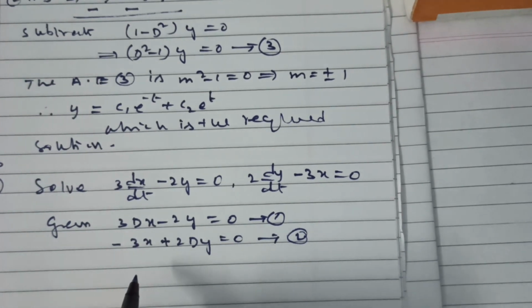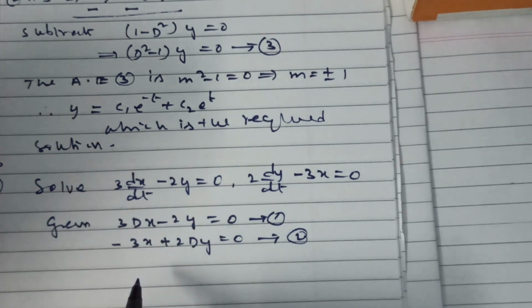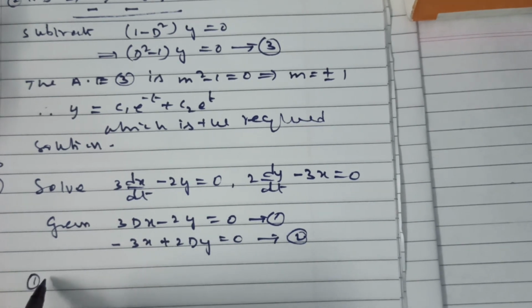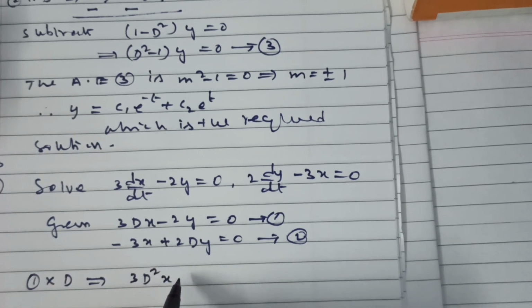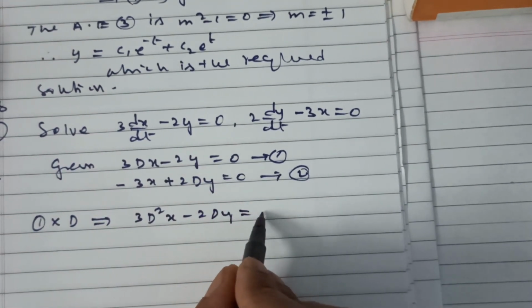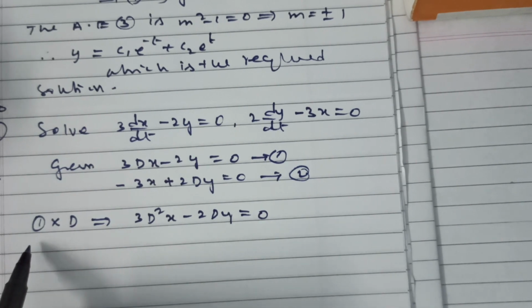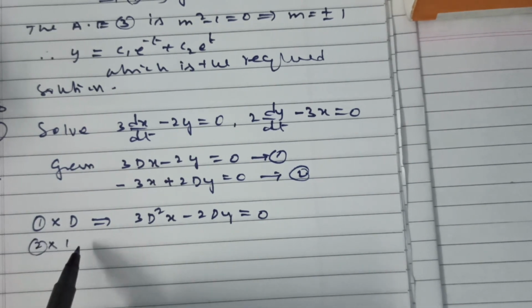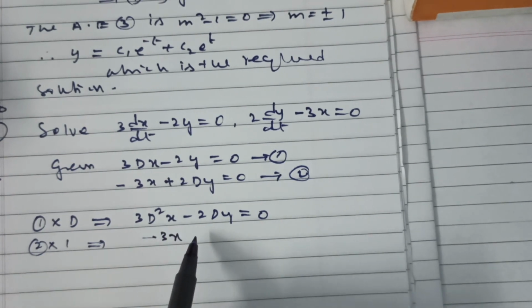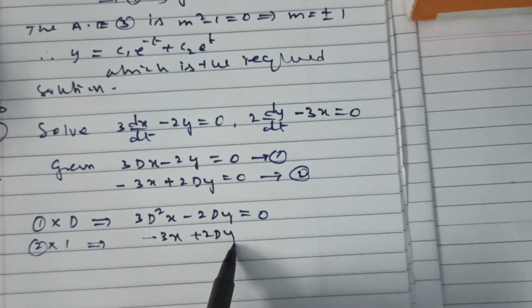To eliminate y first, I can multiply the first equation by D and the second equation by 1. So 1 into D implies 3D square x minus 2Dy is equal to 0. Second equation by 1 implies minus 3x plus 2Dy is equal to 0.